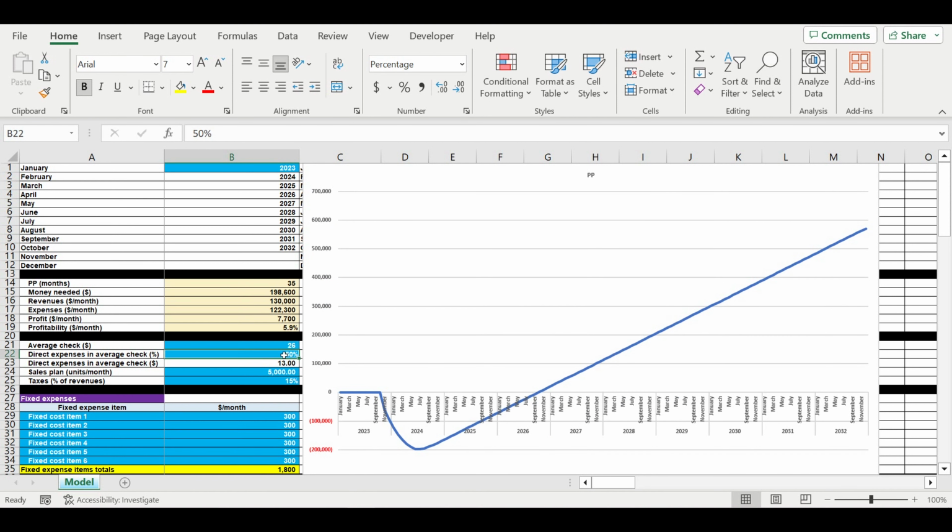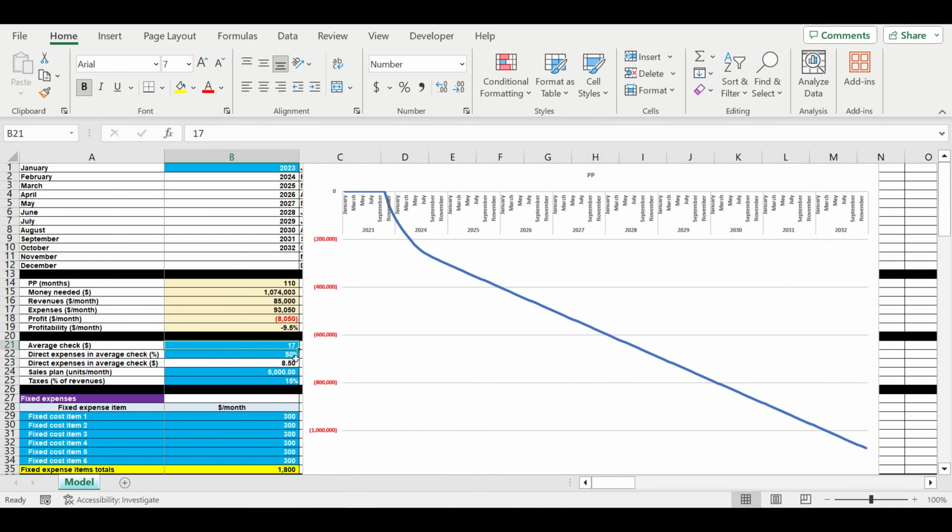Here we are setting up the average check. Then we are setting up the percentage of direct expenses inside the average check.